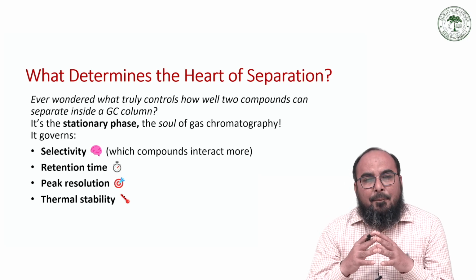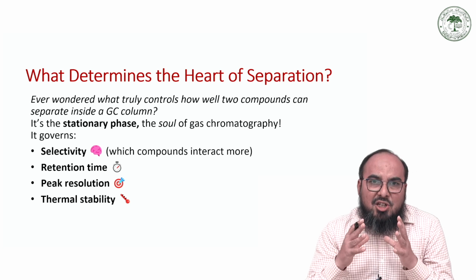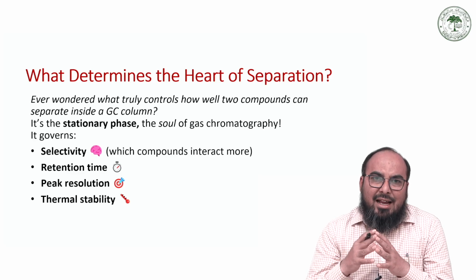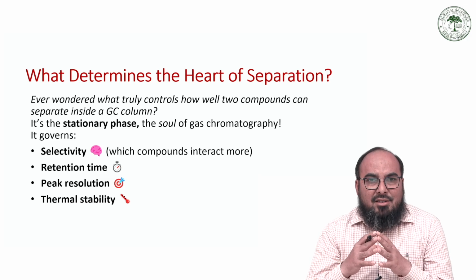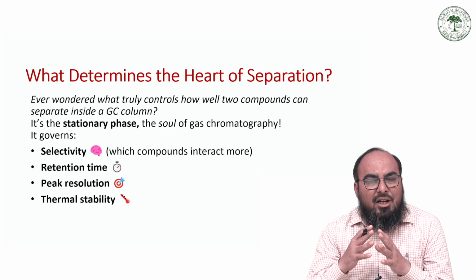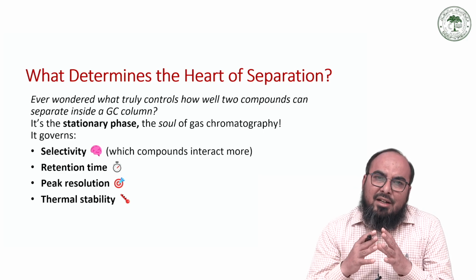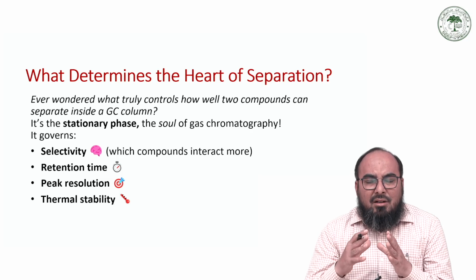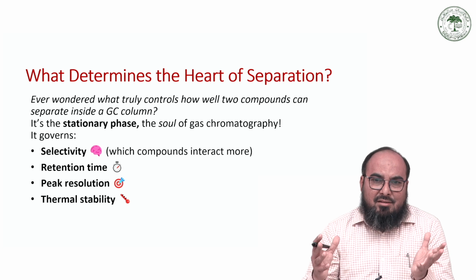Again, the important aspect is the stationary phase. It is the stationary phase on which different components interact, and on the basis of interaction they have different elution rates, and because of the difference in elution rates, they go out from the column at different times, and the difference in elution gives rise to difference in peaks.